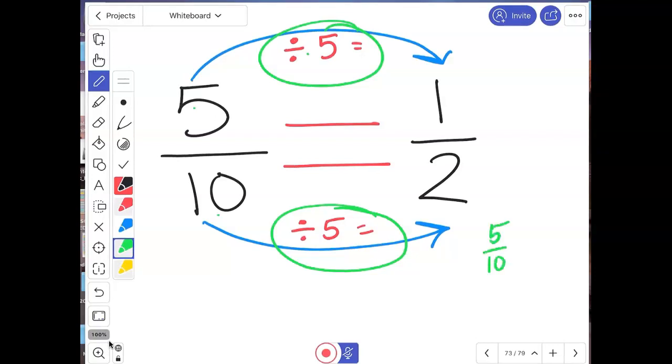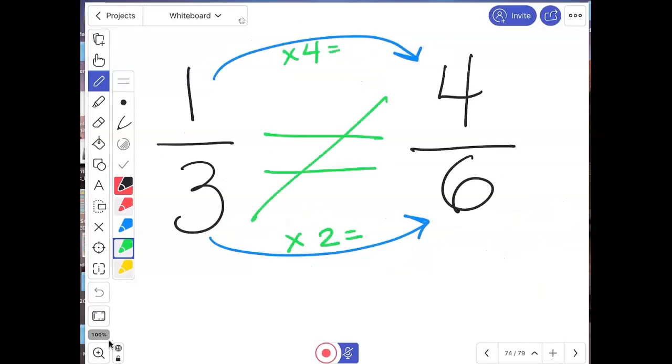If I had 5/10, let's say I multiplied by 8. 5 times 8 is 40. 10 times 8 is 80. Because both of them are multiplied by 8, these are equivalent. So there's an infinite number of equivalent fractions when you multiply and divide.